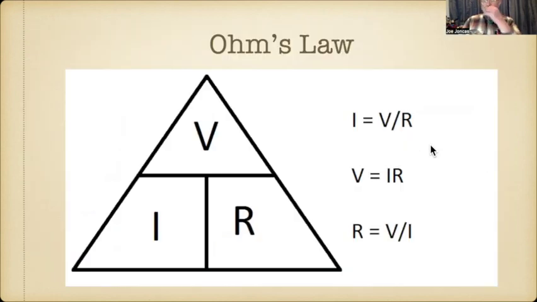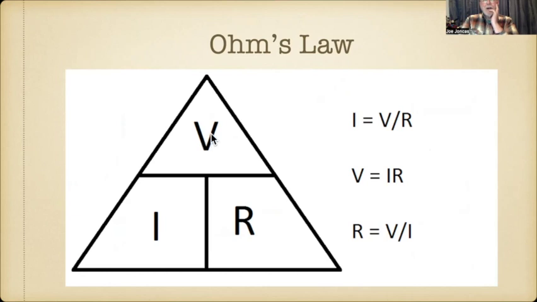Okay, now this is a way to remember Ohm's law. And here in a moment, I'm going to show you four others. What I recommend is you go online, go to Google search or your search engine, type in Ohm's law, and then click on images.